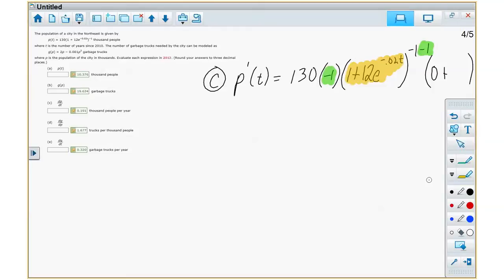Plus, and now I got to do my rule that -0.02 is multiplied by that 12. -0.02 times 12. I'm running out of room. e to the -0.02t. Let me move it.